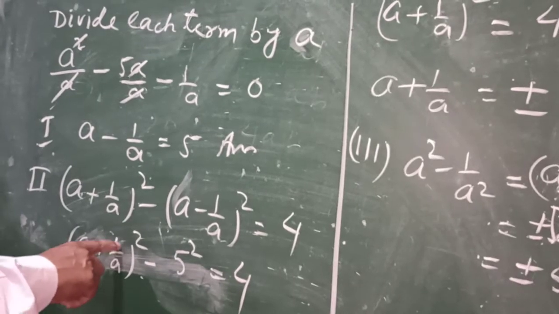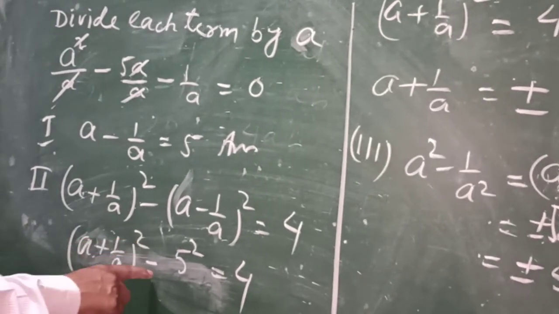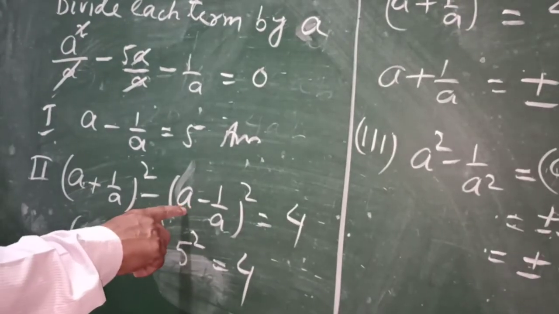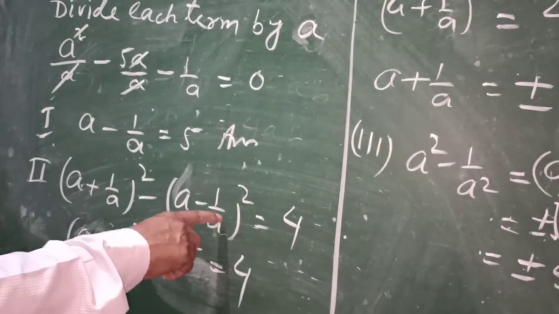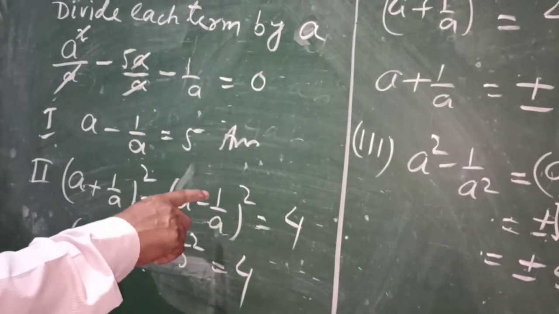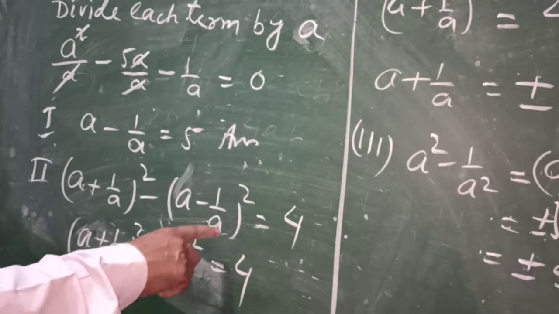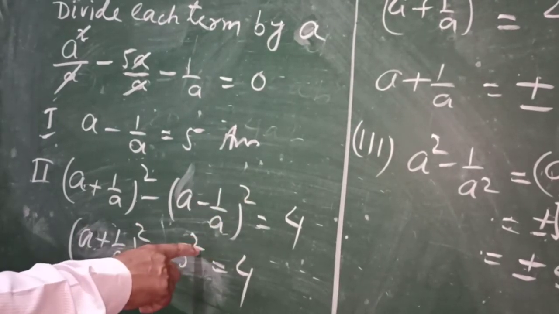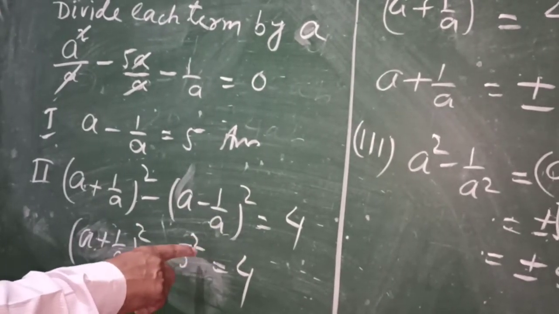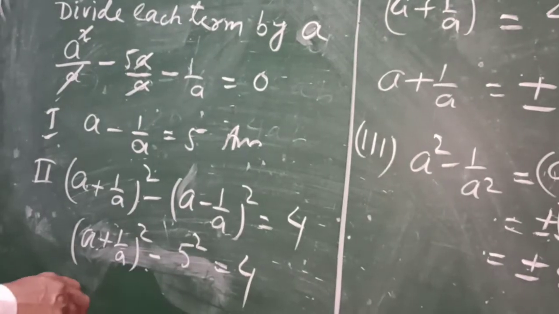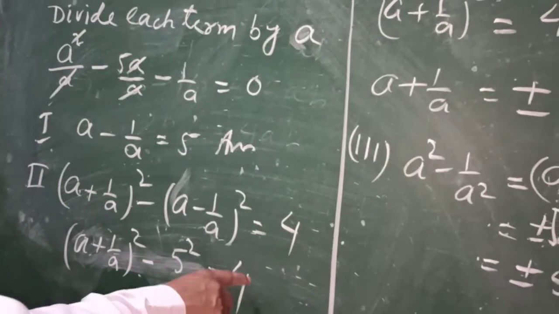a plus 1 by a whole square minus a minus 1 by a whole square, where a minus 1 by a is equal to 5. Put the value 5 here, and on squaring the 5 it is equal to 4.